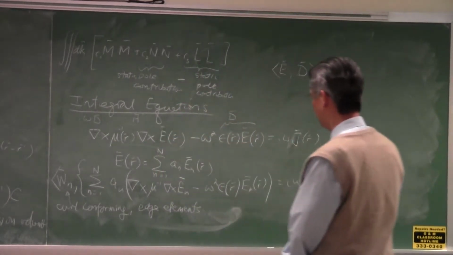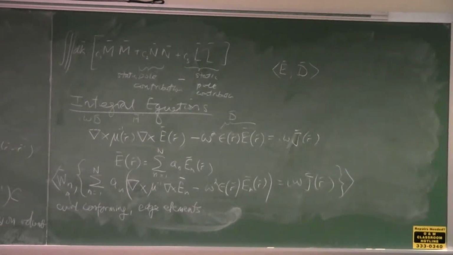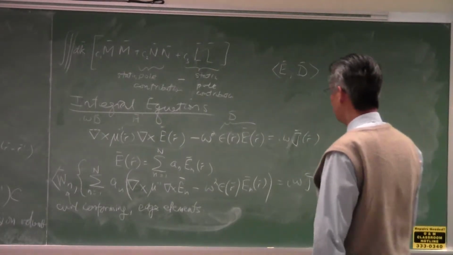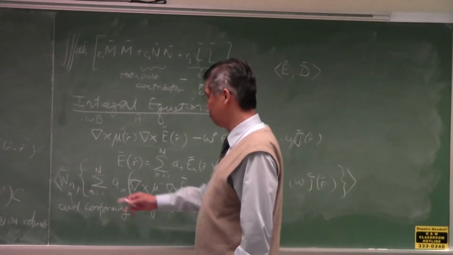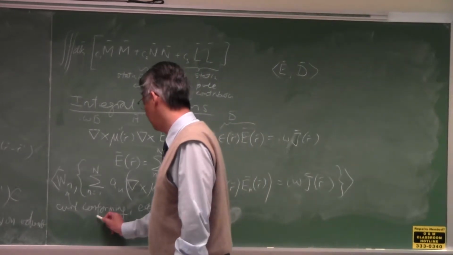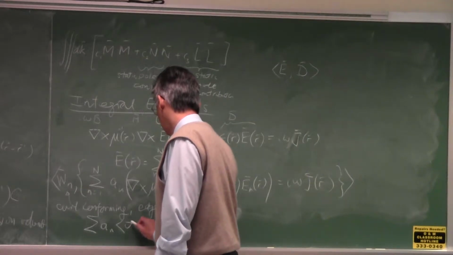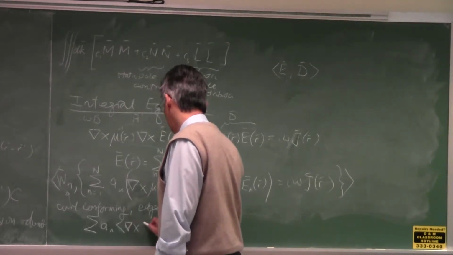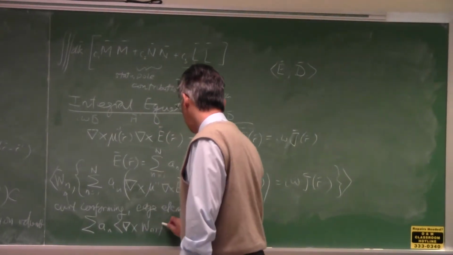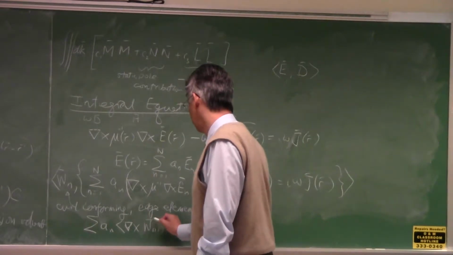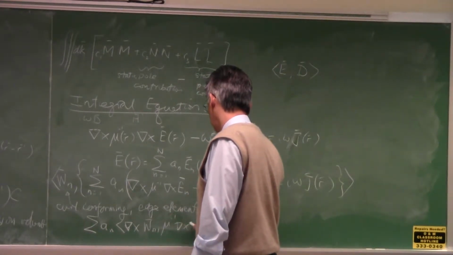So we take this, and good curl conforming basis functions are the H elements. Okay, the H elements, you can read up about them from Professor Jin's book, and you just pick these functions to test, and then you can do integration by parts, and finally convert this into something that looks like this. So W n, mu inverse, curl of E n.